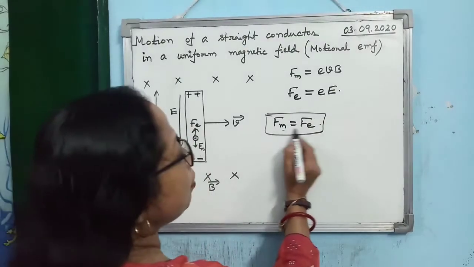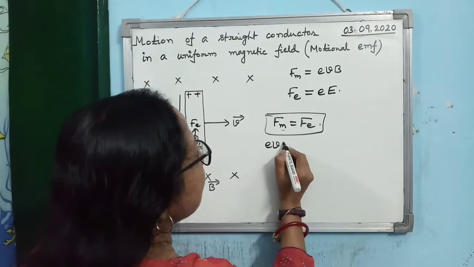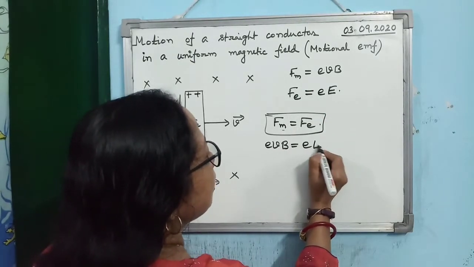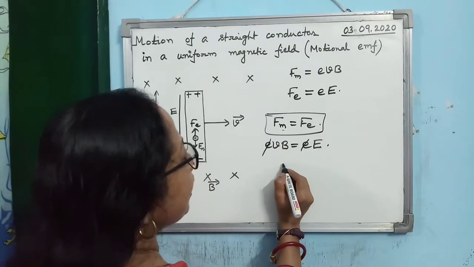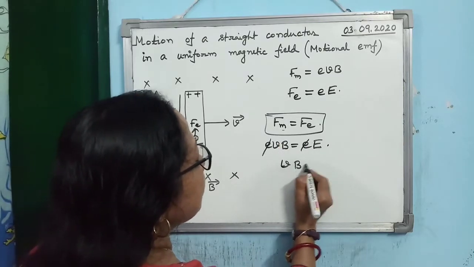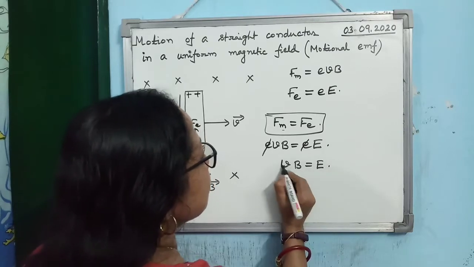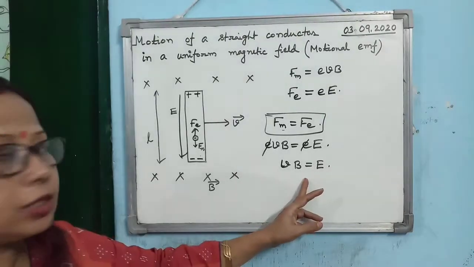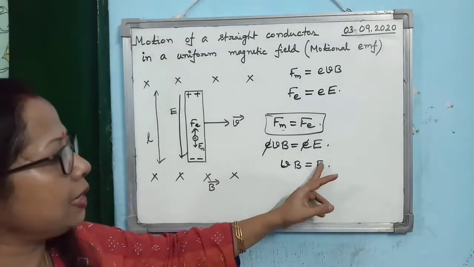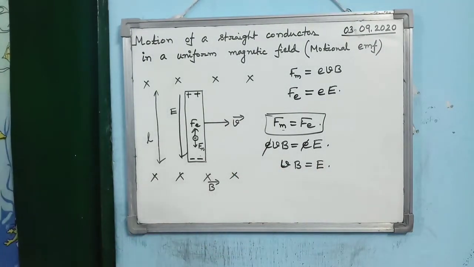So Fm equal to Fe means eVB is equal to eE. The e cancels, so V into B is equal to E. Under this condition the electrons will no longer move from the upper end to the lower end.